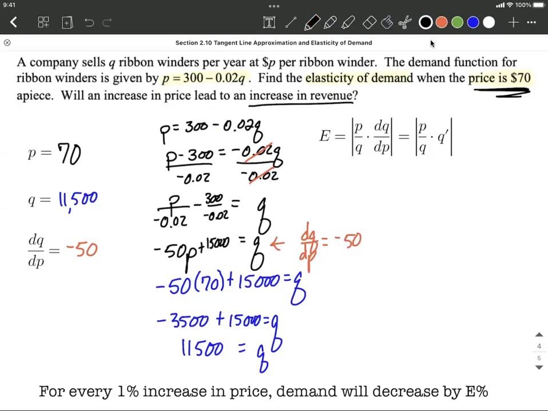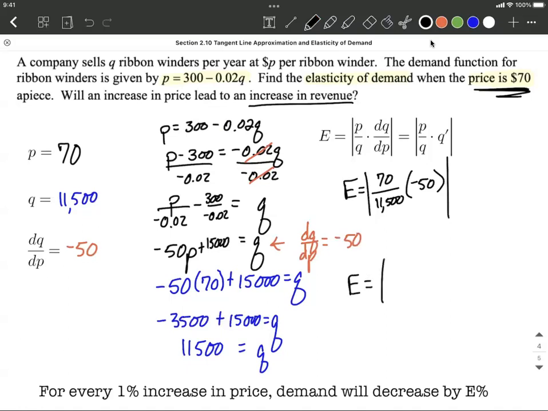So to finish this up, let's calculate the elasticity of demand. That's going to be P, 70, over Q, 11,500, multiplied by dQ/dP, which is negative 50. Close my absolute value signs off.